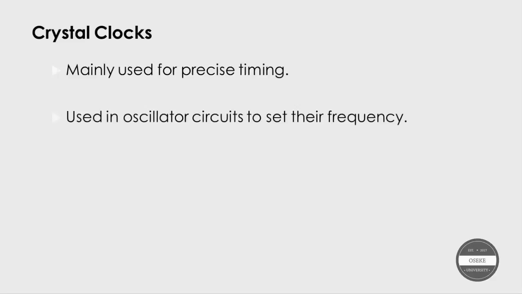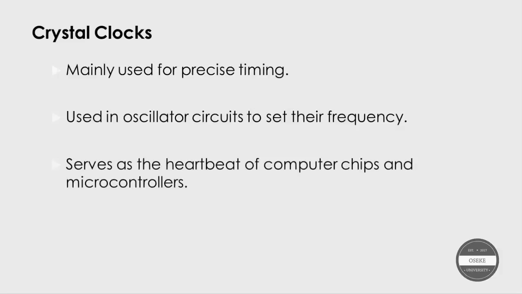They are also used in oscillator circuits to set the frequency of the oscillator. They serve as heartbeats for computer chips, because without these crystal clocks, computer chips will not work. There must be a source of clocking before a computer chip can work, because every line of code or every step of a program that the computer executes is triggered by the pulses from the clock.